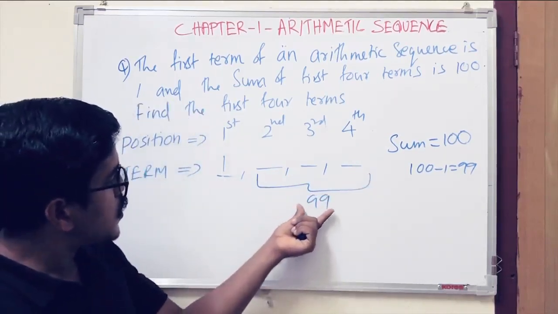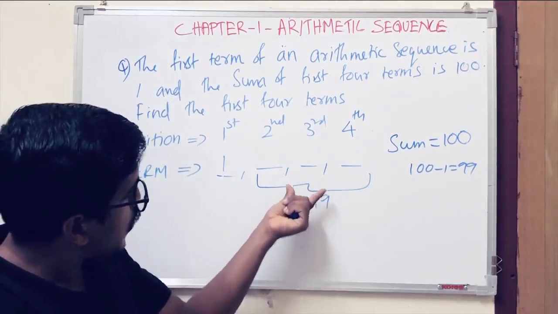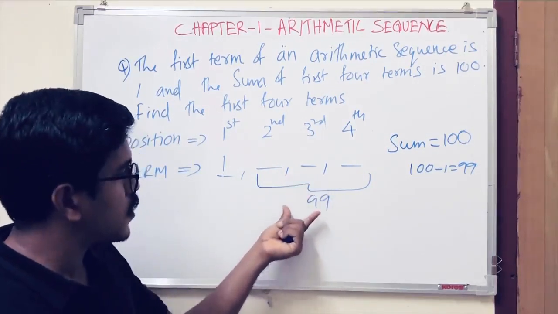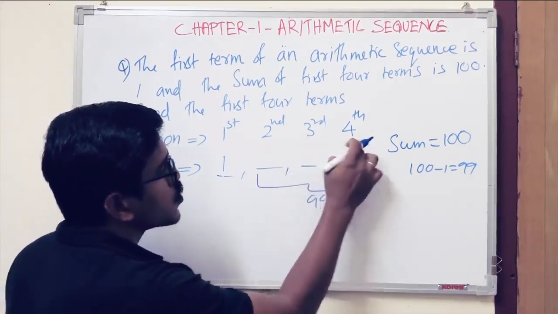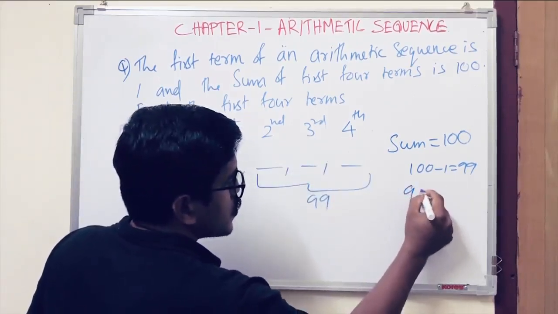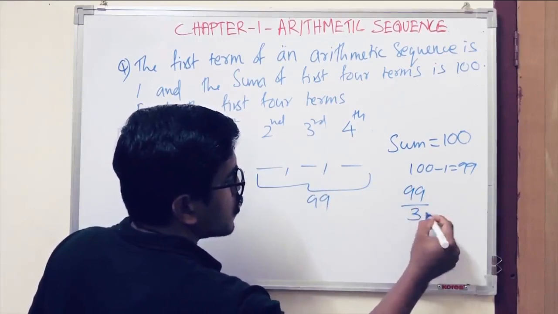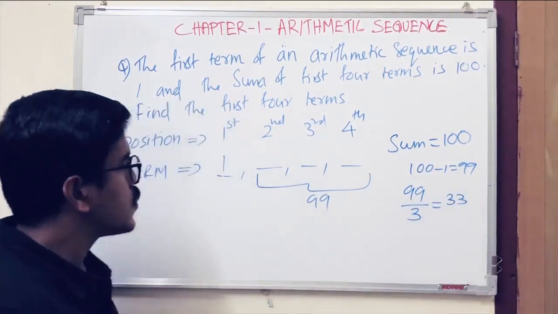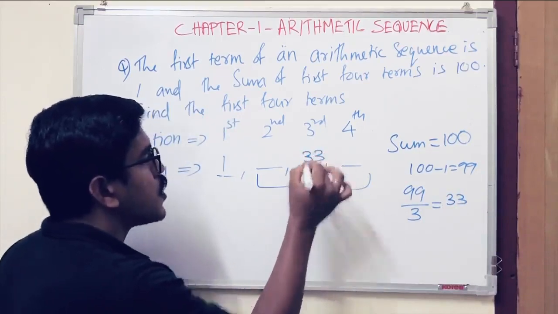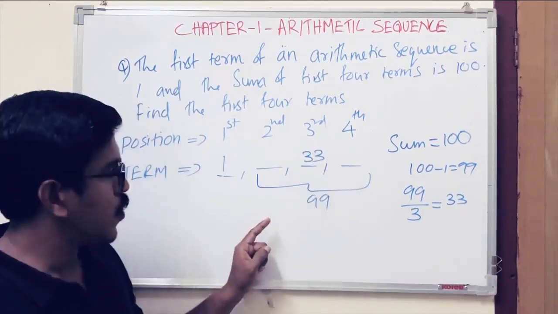So we already studied that if we are having an odd number of terms, the sum divided by the number of terms will give the center number. That is 33, we got the center number right now.